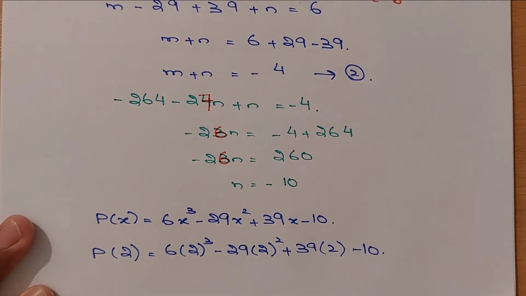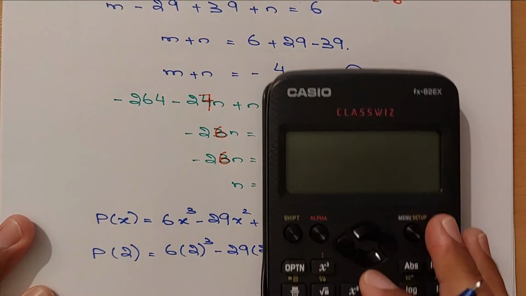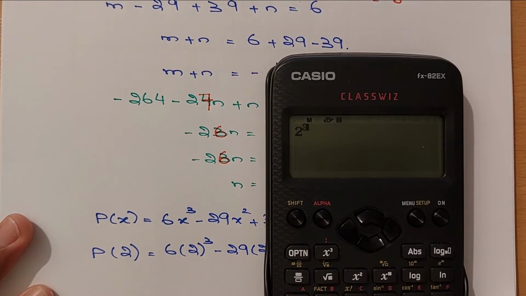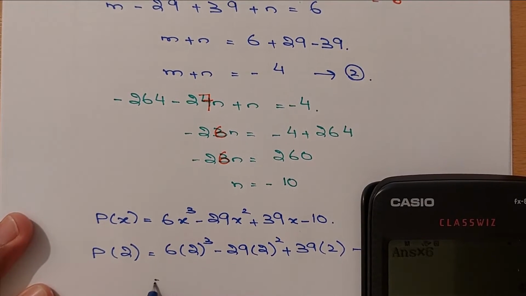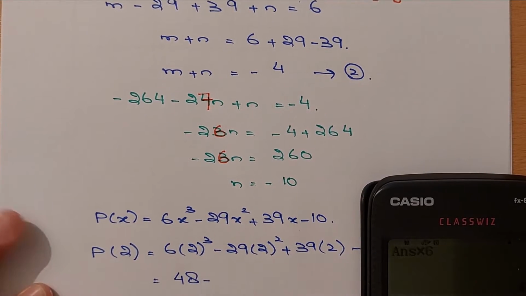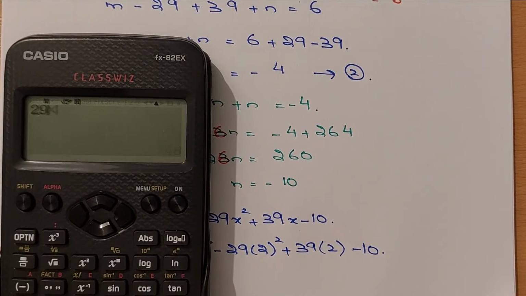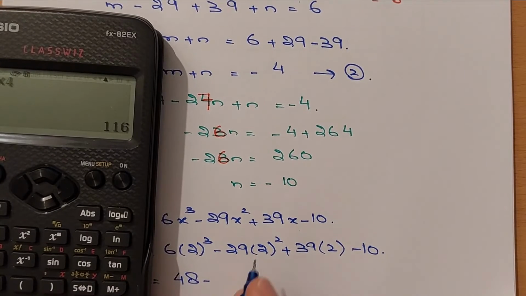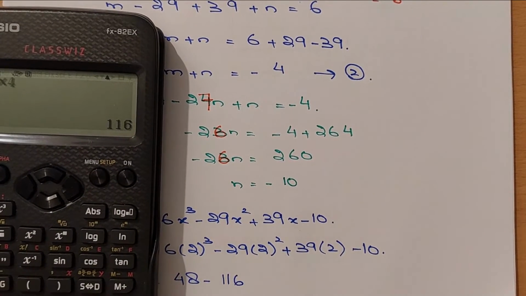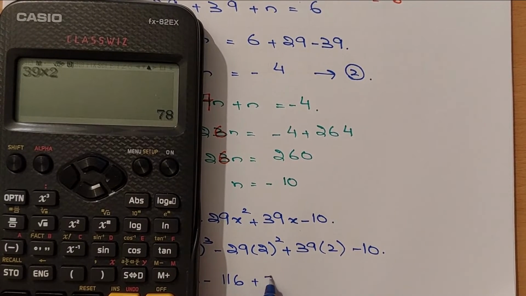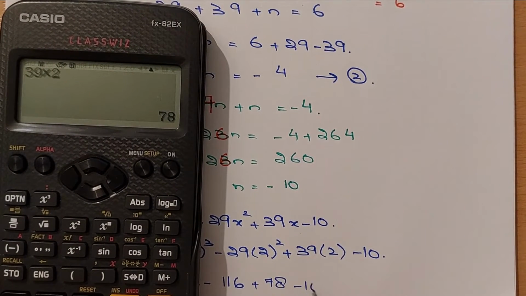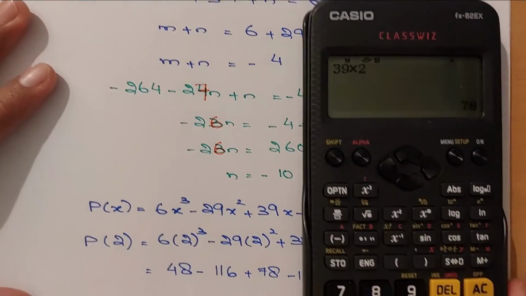Let me simplify this. 2 cubed is 8 times 6, that is 48. So this is 48 minus 29 times 4, 116, plus 39 times 2, 78, and minus 10. This must be equal to 0.